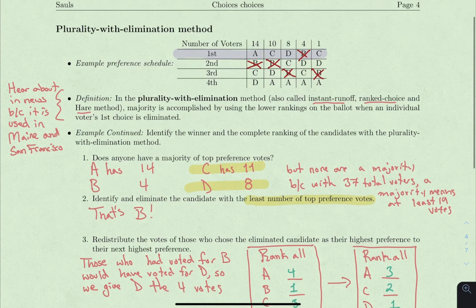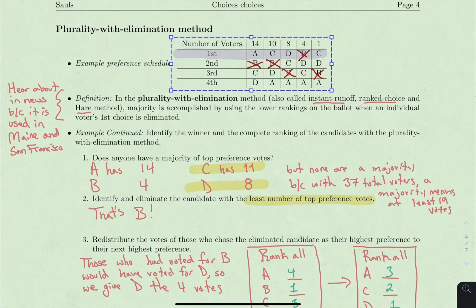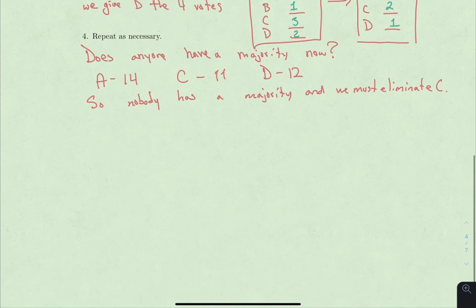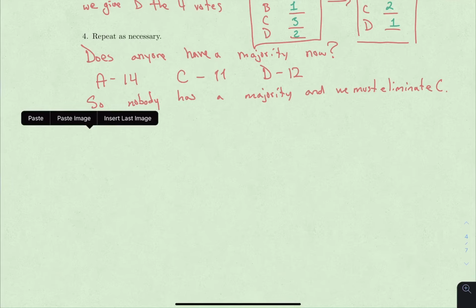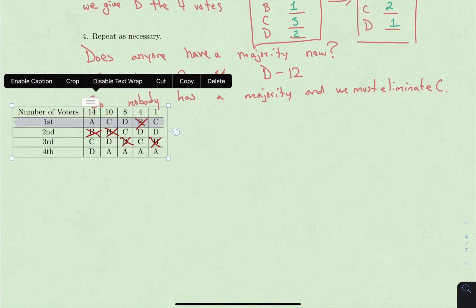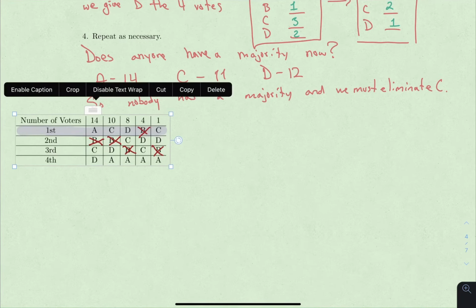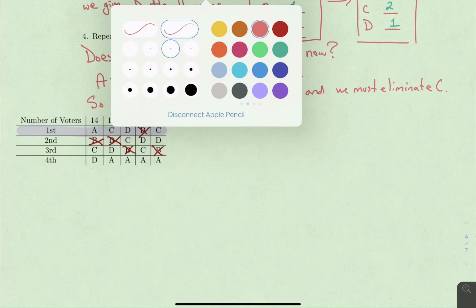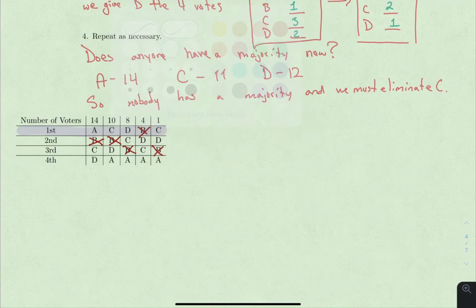Let's go ahead and copy this table so that we can bring it down. Let's see, copy. Don't have to keep scrolling up. So C's gone. C is out of luck. Let's cross C out with a different color. There should be one C in every column.